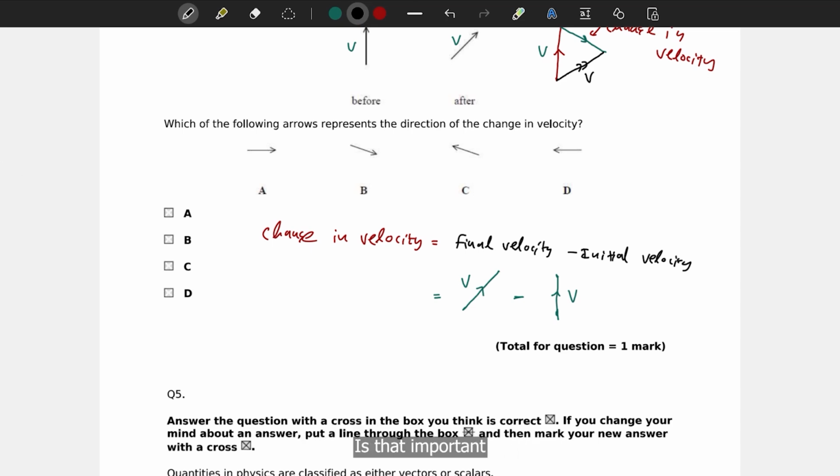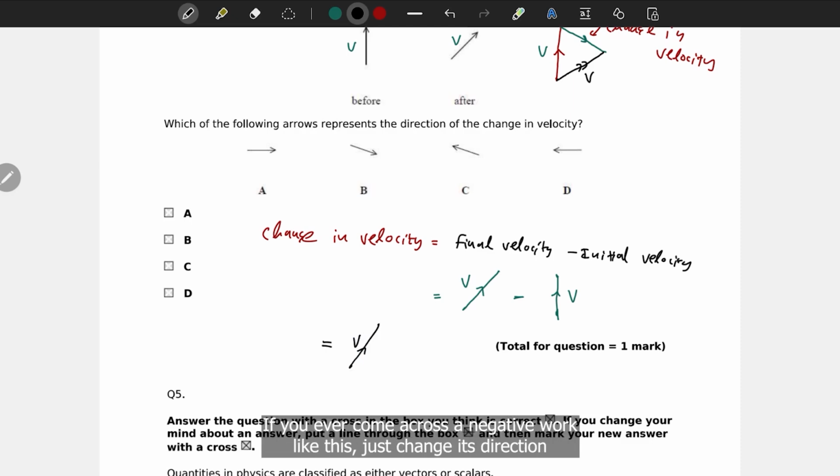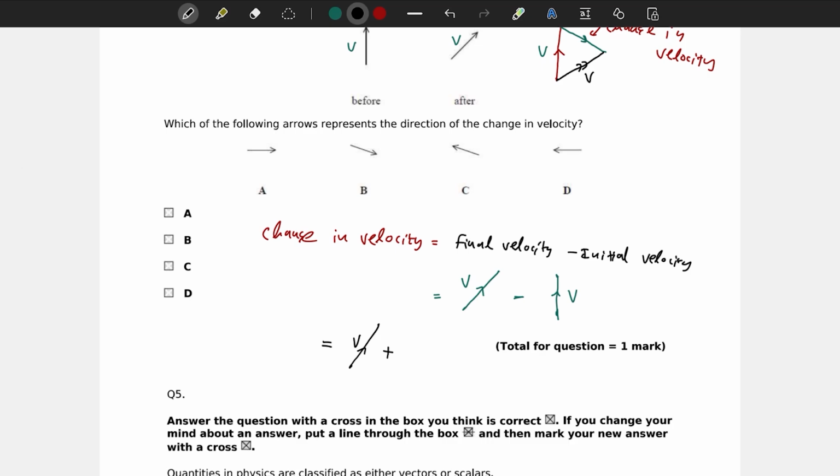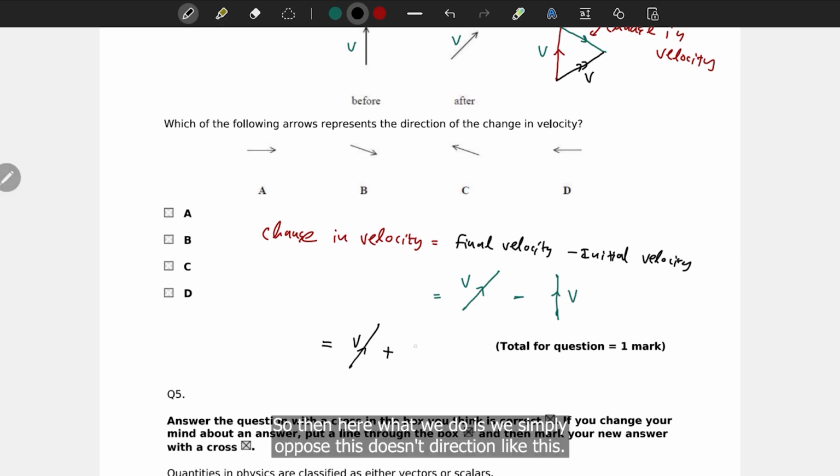So now, if you ever come across a negative vector like this, just change its direction, because you can't directly work with a negative vector. You can't directly connect this negative vector to a vector system. So you have to use a different, more technical approach. Here what we do is we simply oppose this to our direction like this. It makes sense because it becomes another vector addition here, right?